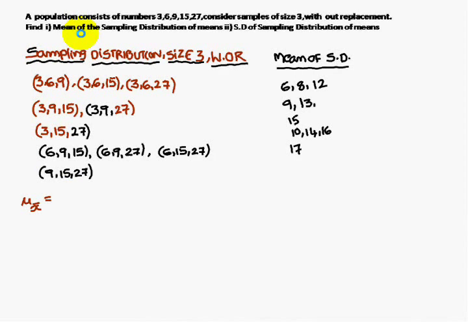Now the first question: the mean of the sampling distribution of means. These are the sampling distribution means. We add all the values and divide by the number of values, which is 10. So 6 plus 8 plus 12 and so on up to 17, divided by 10, is 12.